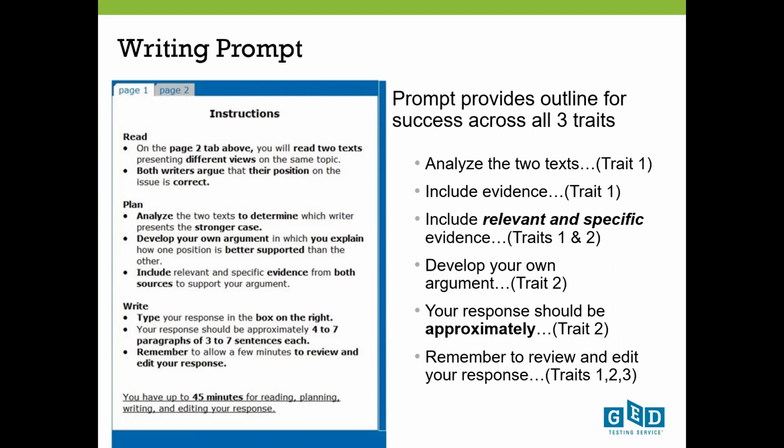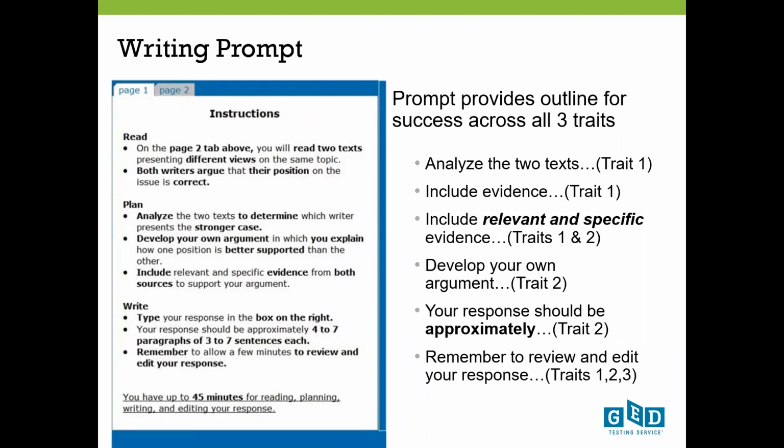Because if students are just picking random pieces of evidence, that's not going to work to support their arguments. They really need to develop their ideas using the appropriate piece of evidence that really supports their ideas and their arguments. And then of course it says to develop your argument, and that word develop is right there in trait 2, which is the development of ideas and organizational structure.